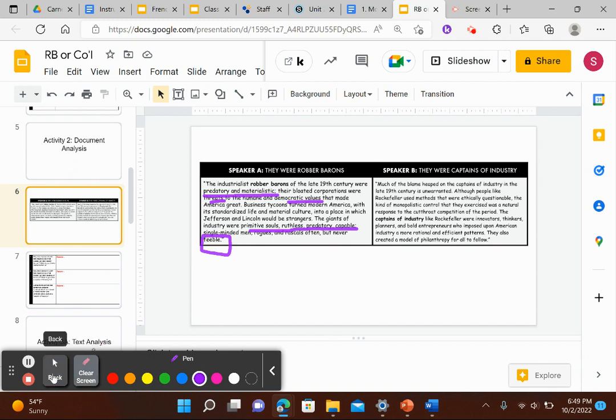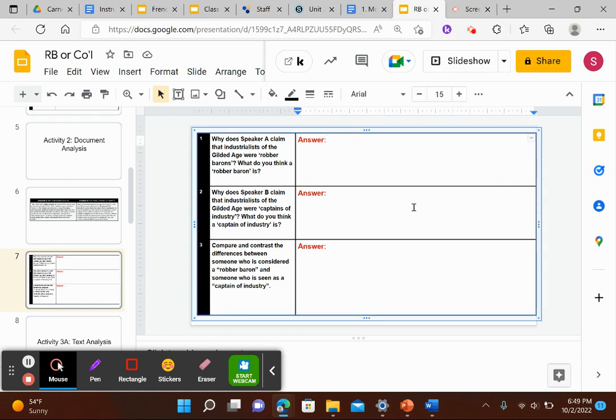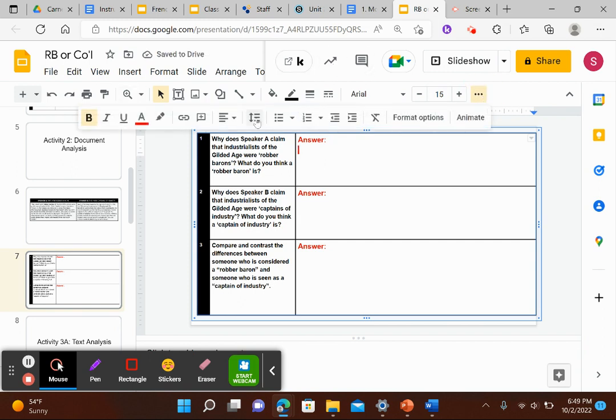So let me go ahead and go back to this, and let's answer this first question. Why does Speaker A claim that industrialists of the Gilded Age were robber barons? What do you think a robber baron is? Let me get my bullet points.